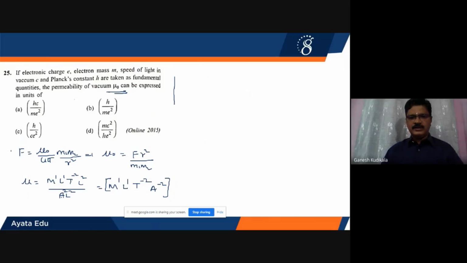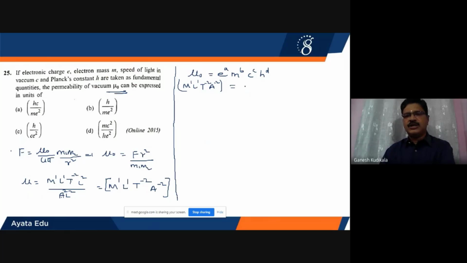Now, let us write down the expression. So for dimensional analysis, mu naught will be equal to e to the power of a, m to the power of b mass, c to the power of c, of course, once again, and h to the power of d. Okay, let us substitute. And mu naught value will be, the previously we did, M1 L1 T power minus 2 into A to the power of minus 2, and this will be equal to charge, current into time.